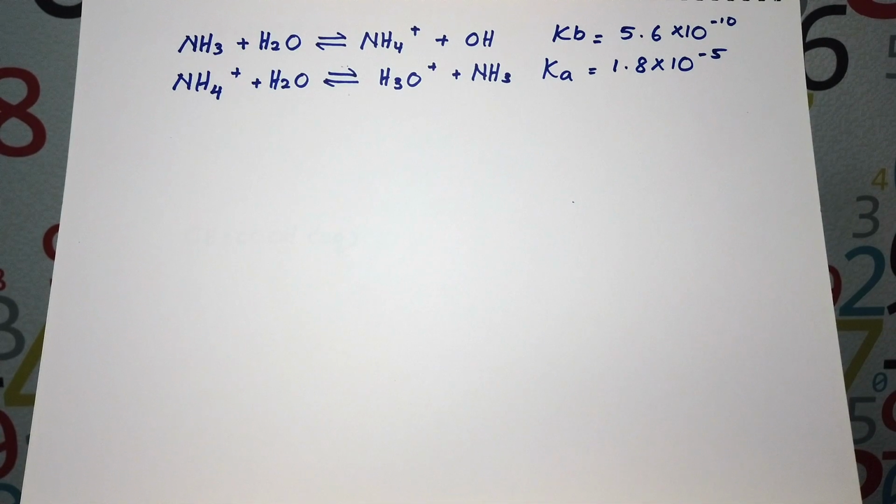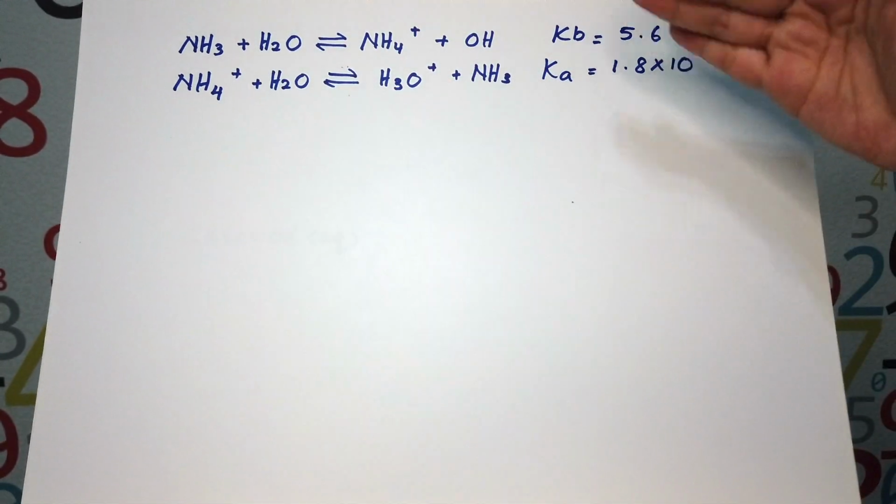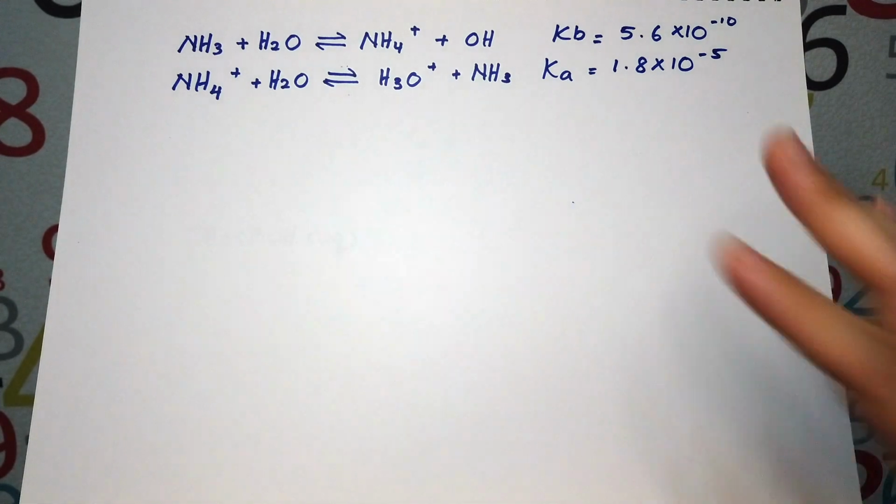In order for you to have a Kw, you need to make sure that these two reactions will create the auto-ionization of water, because the formula for Kw is the concentration of OH minus times the concentration of H plus, or the hydroxonium H3O plus. So let us do this.